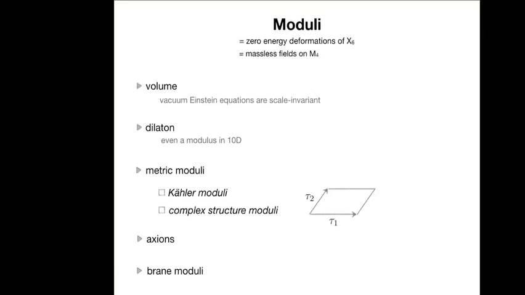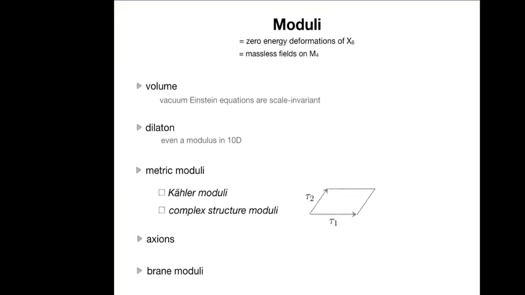Okay, so then just let me go through the basic ingredients that you might have. Some of them might be the inflaton field, and some of them might be nuisances that you'd have to control while you're inflating. So we call these moduli. They're zero energy deformations of the compact space. So there are certain scalar degrees of freedom that when I adjust them, when they change their VEV, they can do this at 0 energy cost.